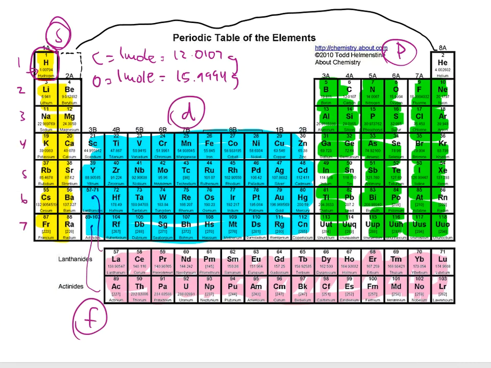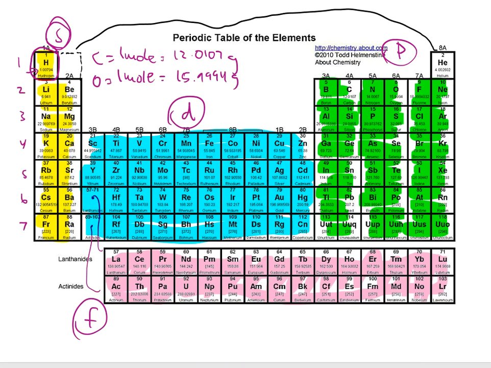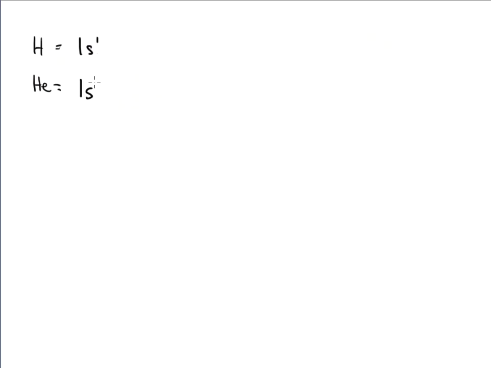I also start off in the S subblock, so I write down S. We said that helium really deserves to be over here to the left-hand side. It's really one of the only exceptions with this. And to get to helium, I go to hydrogen, 1. Helium is second. So this is a 1s2.